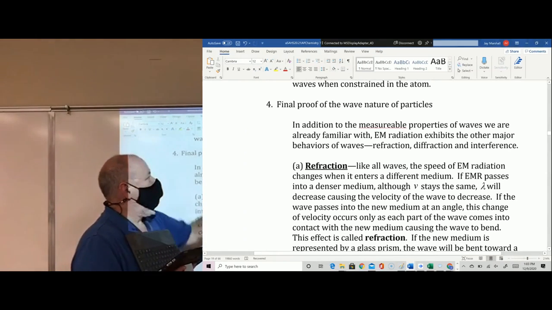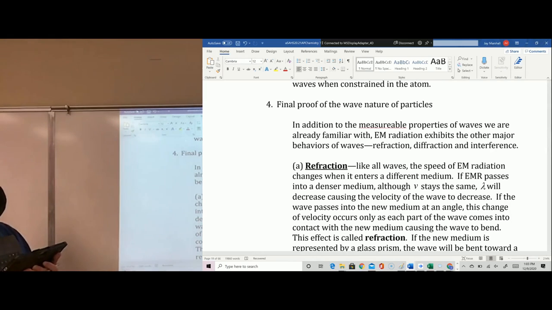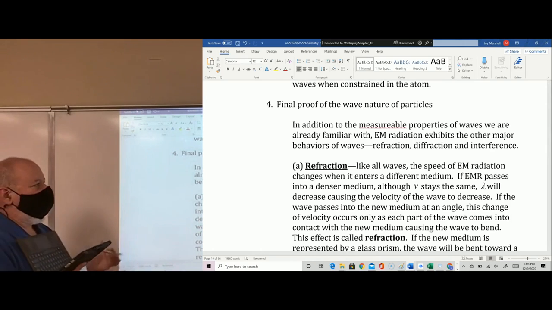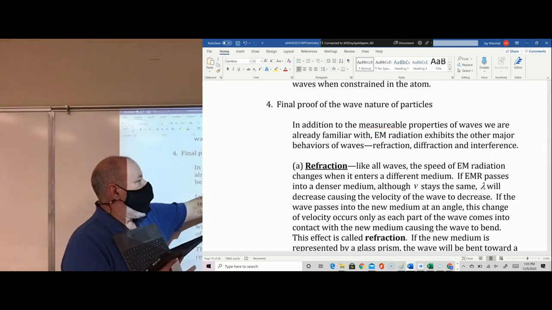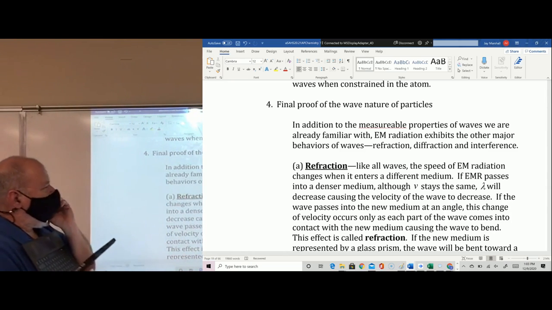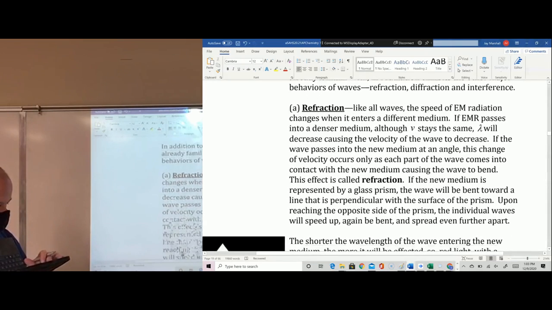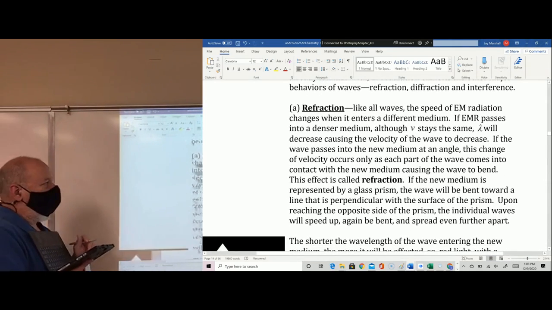Okay? Now, the final proof of the wave nature of particles, in addition to measurable properties of waves we're already familiar with: electromagnetic radiation exhibits the other major behavior of waves: refraction, diffraction, and interference. And we'll explain what we mean by those. You've probably heard these terms before, though.